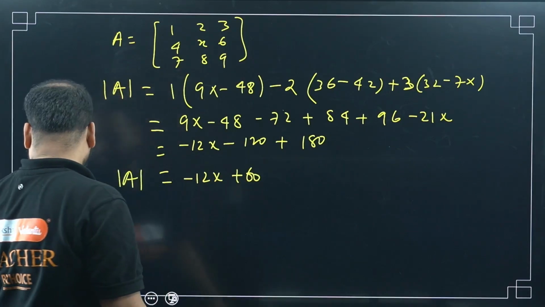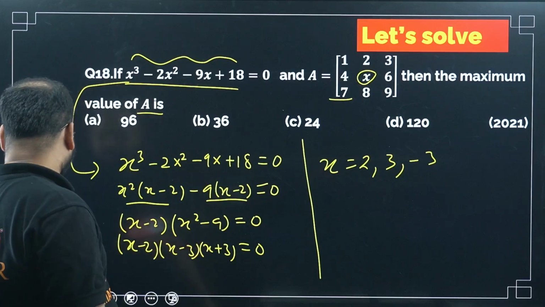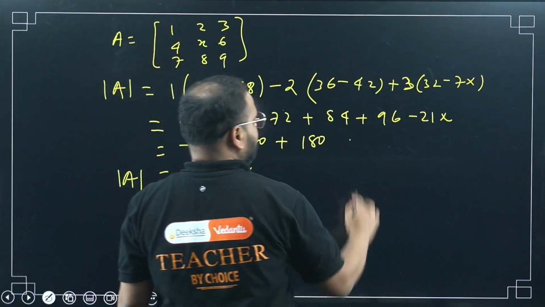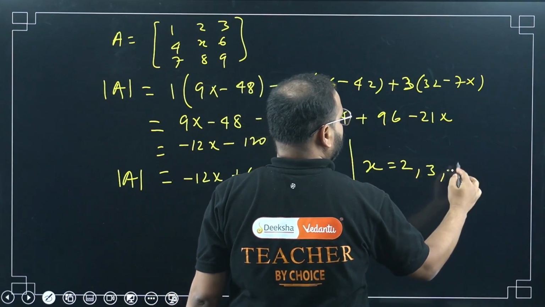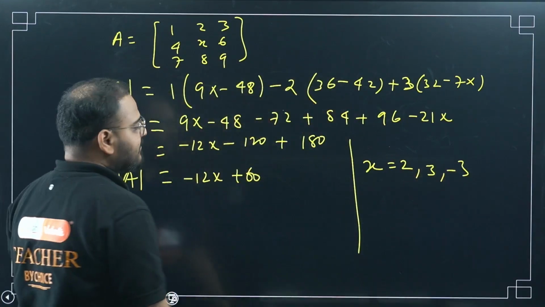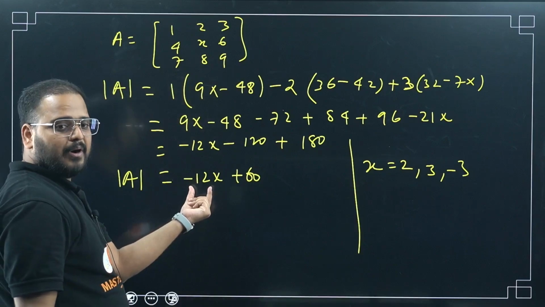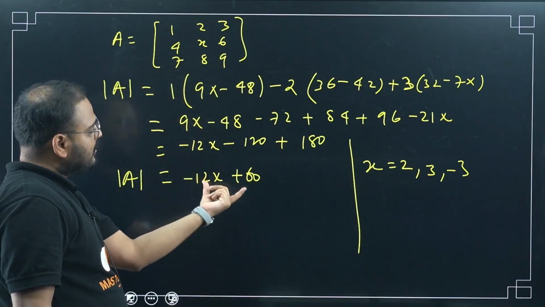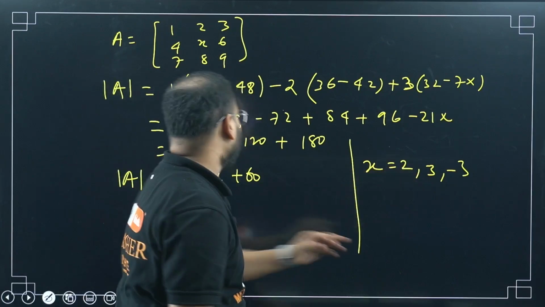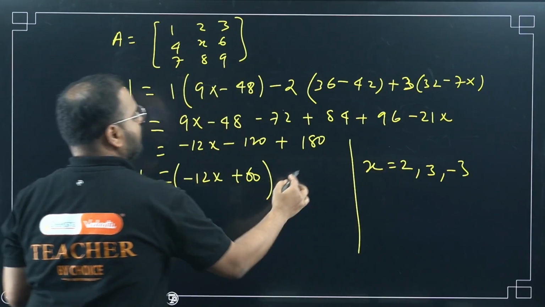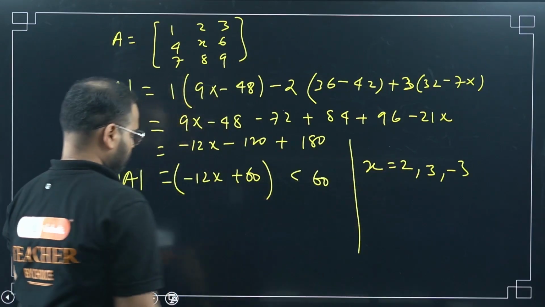Now check. I have 3 values: I can take x as 2, 3 or minus 3. If I take 2, it will be a smaller number, less than 60. If I take 2 and 3, this number will be less than 60, yes.